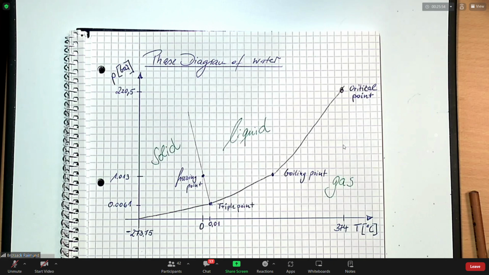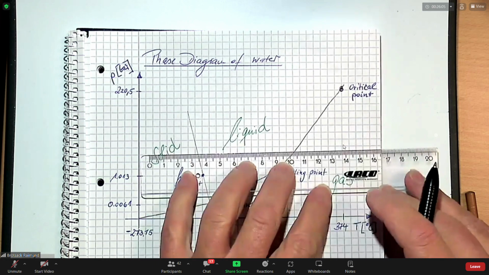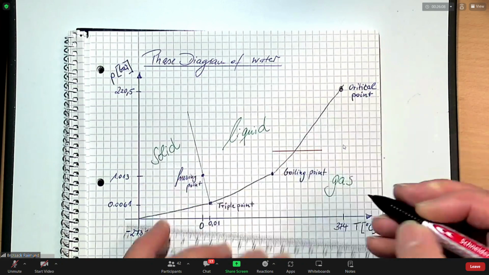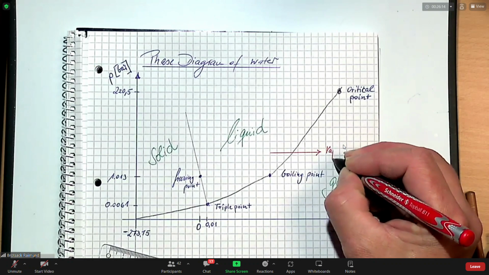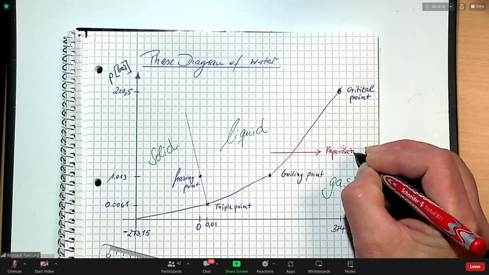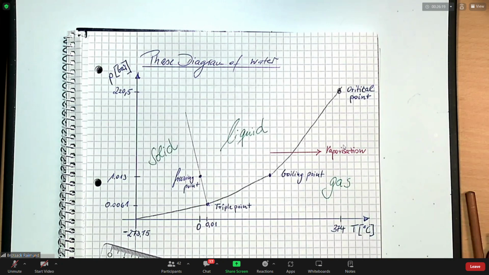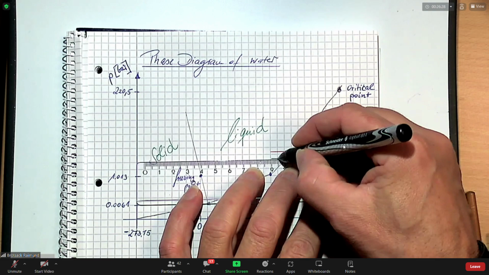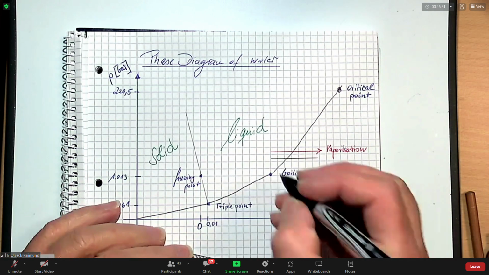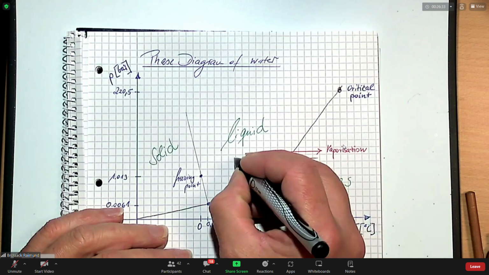How do we call that process? Vaporization, I think. Vaporization. So here, when we cross this line from the left to the right, that's vaporization. When we do it the other way around, back, we call it condensation.